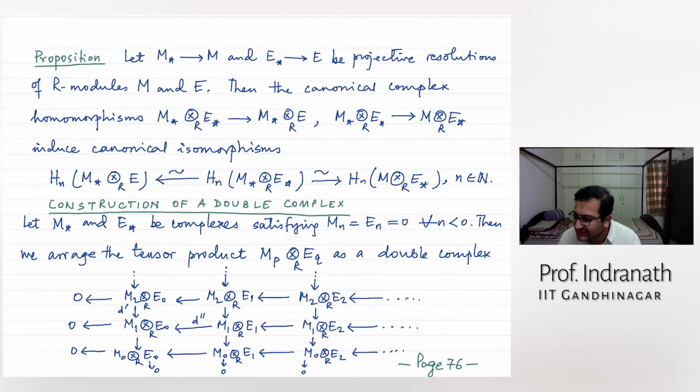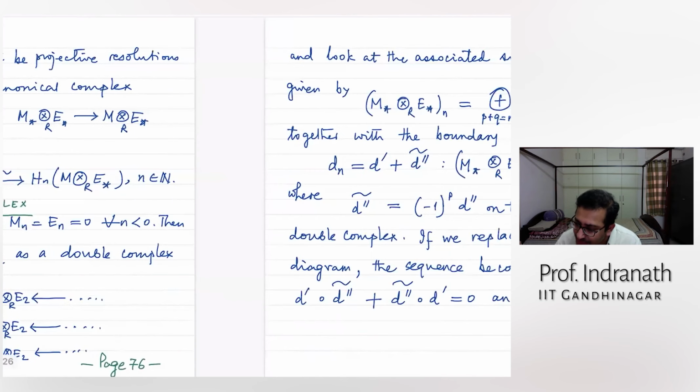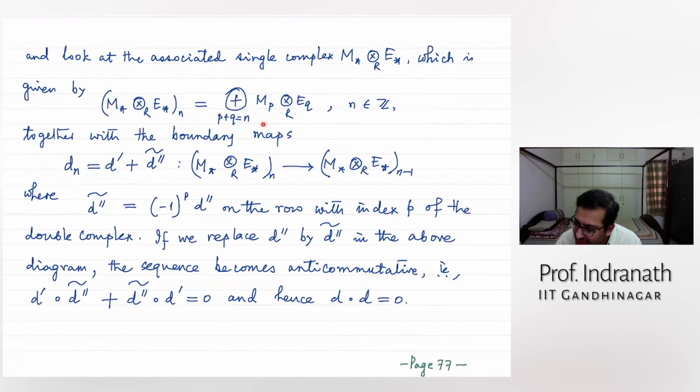Let me just quickly tell you what I mean by this: you can actually create a double complex like this, and here are your modules, M_p tensor E_q, and what you do is, you have a grid like this, so you can understand that here I have tensored by E0, starting with the resolution M star, here by E1, here by E2, and then you need to check that all these things actually have commutativity, etc. And finally, this is how you define the nth spot: you take the direct sum, and the boundary maps also you need to define a little carefully with a sign, because otherwise you will not get the complex property.